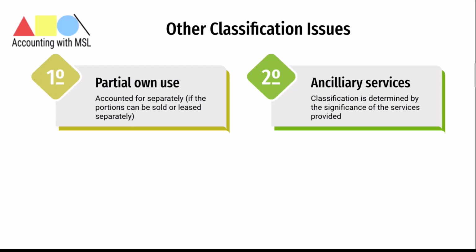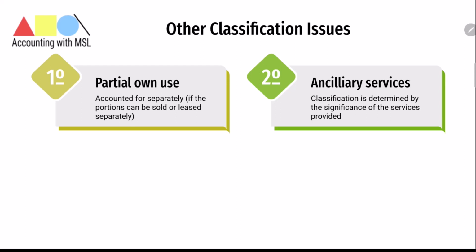What do I mean by insignificant? For example, if the building owner supplies security and maintenance services to the lessees of the property, this would be a typical example. So in this case, where the services provided are more significant, such as in the case of an owner-managed hotel, then the property will be deemed to be owner-occupied.